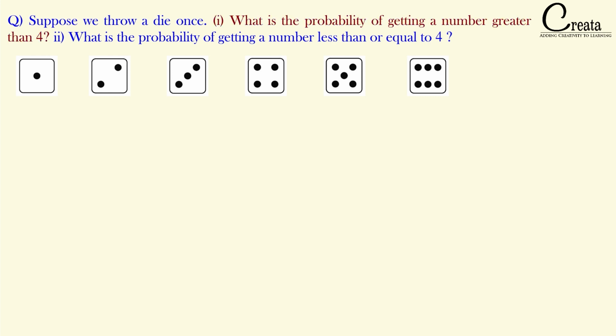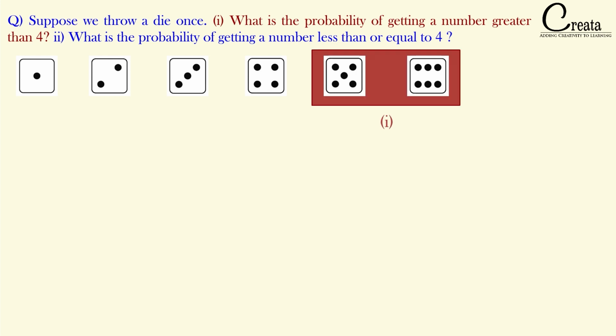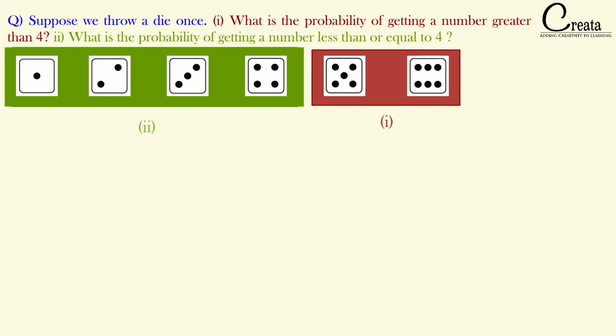In the first part, what are the various numbers which are greater than 4? It is 5 and 6. So the question is asking what is the probability of getting the numbers 5 and 6. And in the second part, the question is asking what is the probability of getting a number less than or equal to 4. That is, the probability of getting 1, 2, 3, 4 when we roll the die.